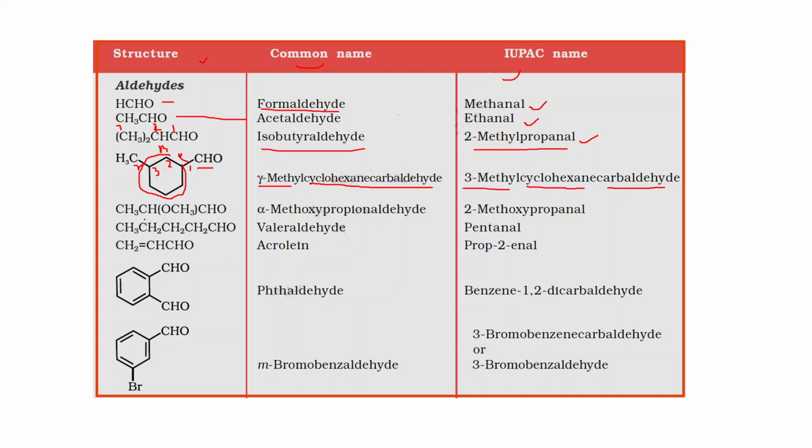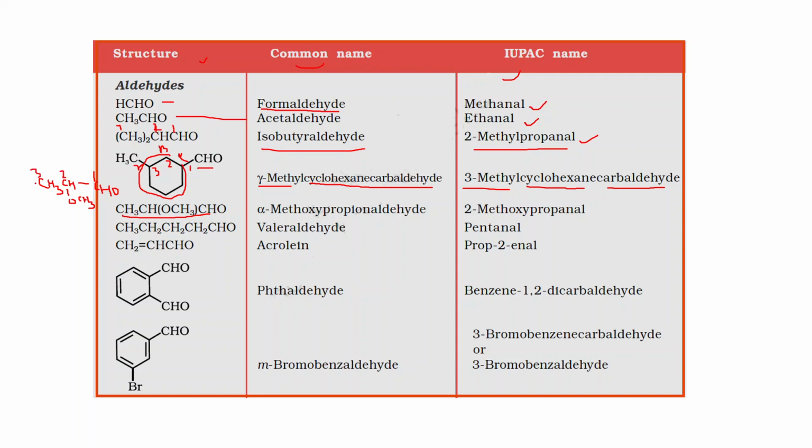Okay. Now this one. You can expand this if you are not feeling comfortable. For this CH3, this is CH, then to this carbon, this OCH3 is attached. Okay, and then this is CHO. Functional group is aldehyde. That's why this is first number, this is second number, and this is third number.